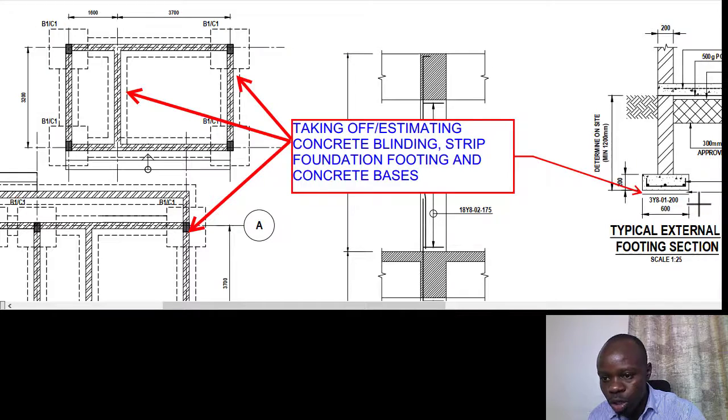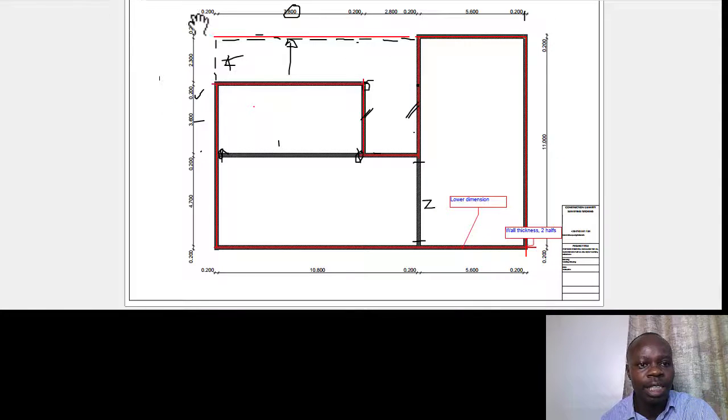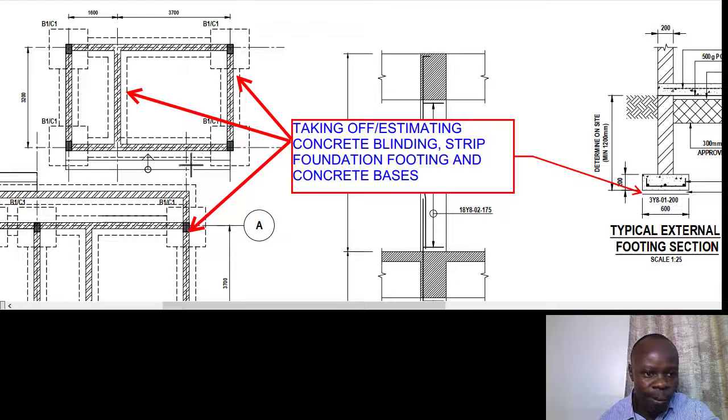have a look at the section. This will give you the width. And then of course the length, you calculate from that particular plan. The plan that we are using, we had calculated some parts of that particular item.